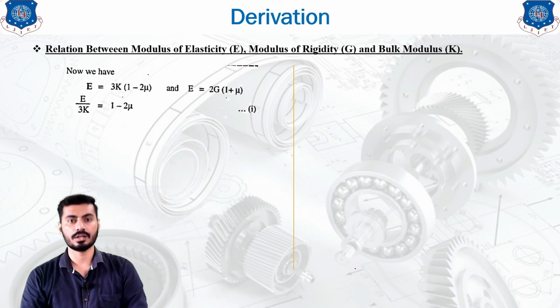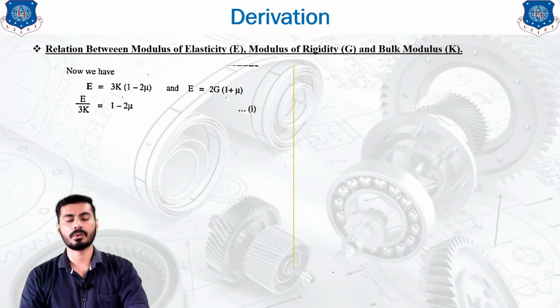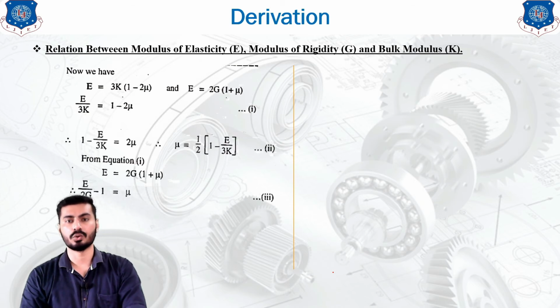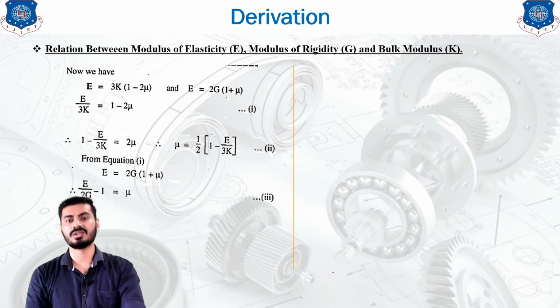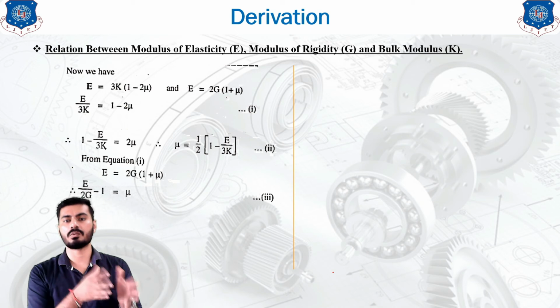Now from this equation, E upon 3K equals 1 minus 2 mu, that is also known. What we are going to do is interchange both the terms from both sides of the equals sign.